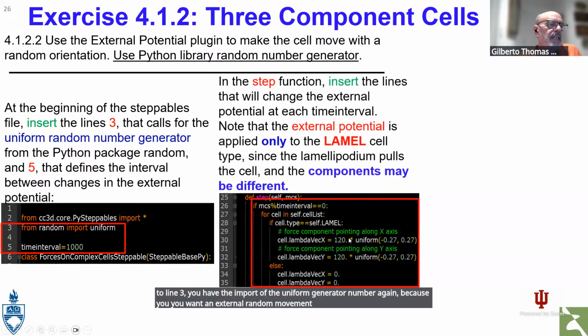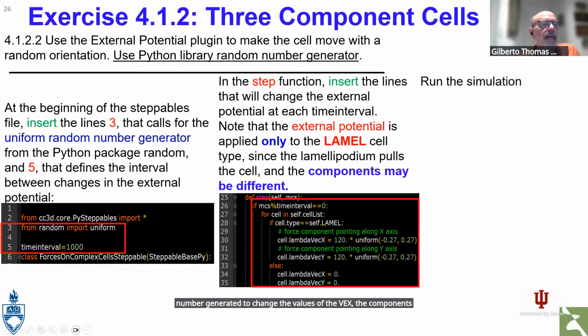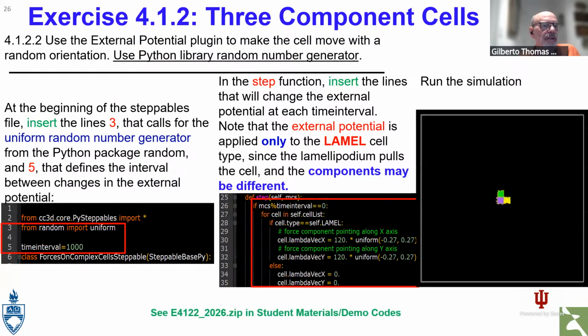You include the lambda vec as before with a uniform number generated to change the values of the vec components, and you run this new simulation, the 4.1.2.